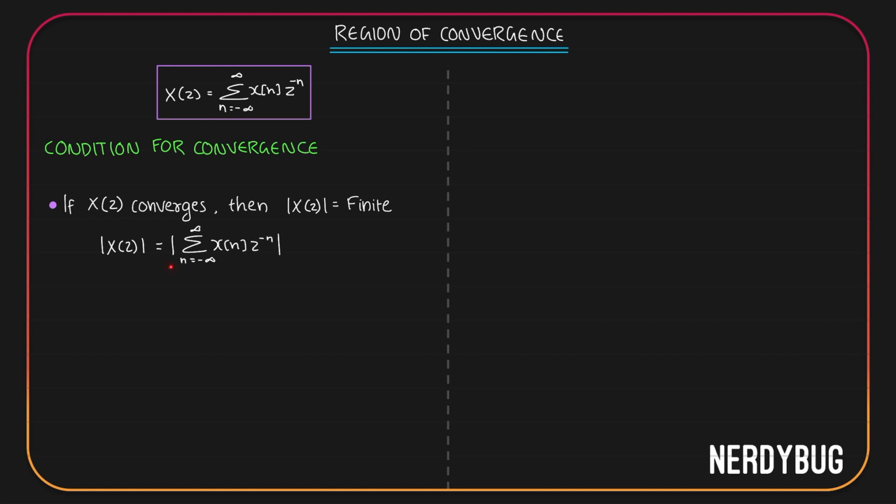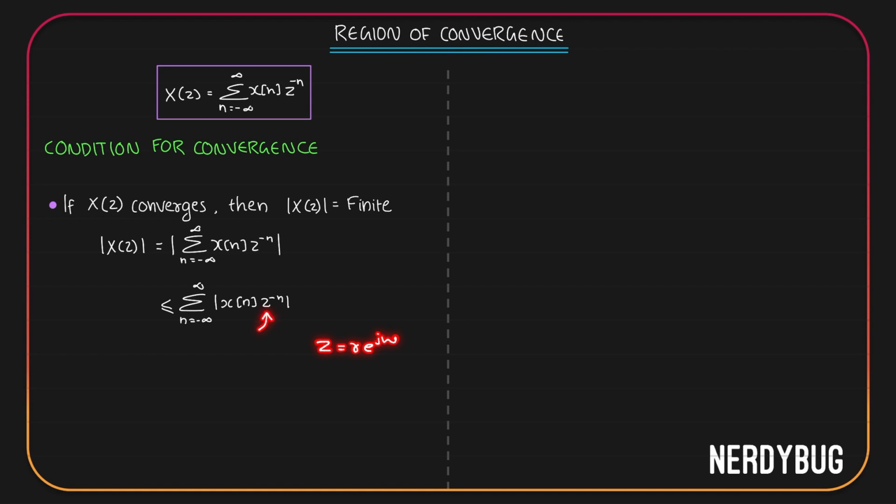Here I have taken magnitude after taking summation. If I take summation and then take the magnitude, the only thing I'll have to change is that instead of equals, I'll have to write less than or equal to.